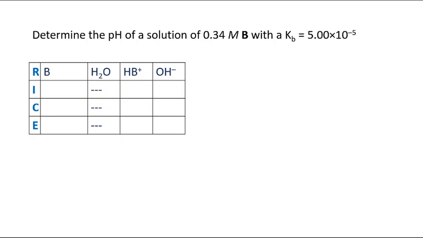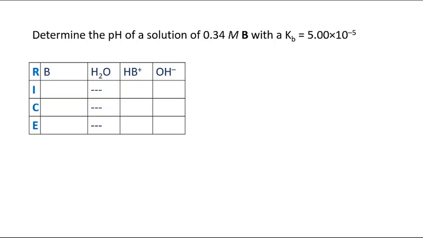That HB plus is the conjugate acid of the base you're given in the problem. Your hydroxide ions are just what happens whenever you dissolve a base in water. You're ripping a hydrogen off from the water to produce the OH minus and slapping it onto the base to give that HB a positive charge.